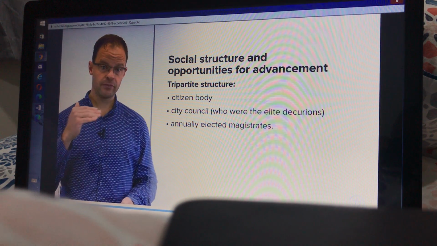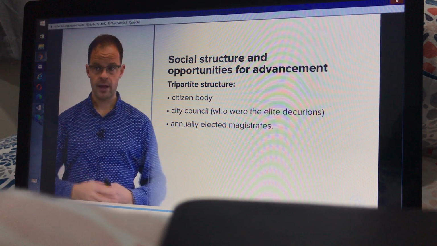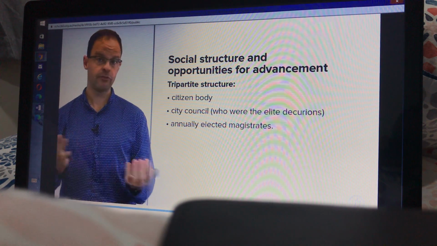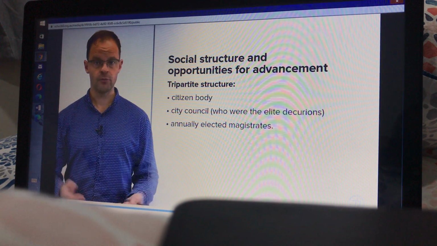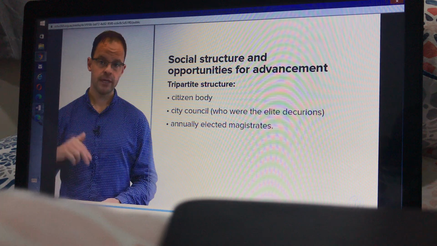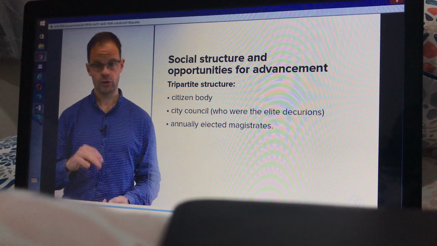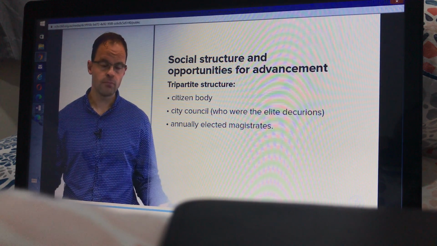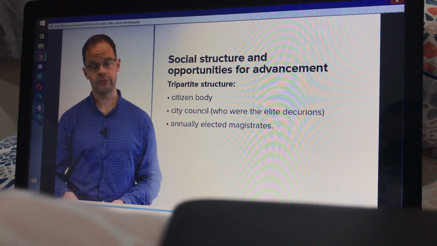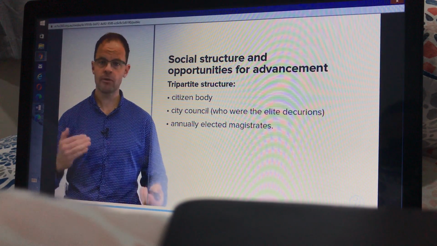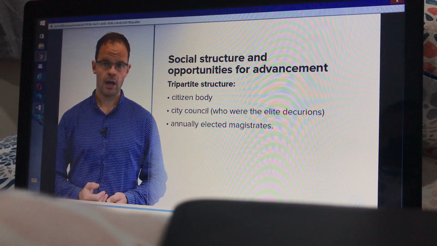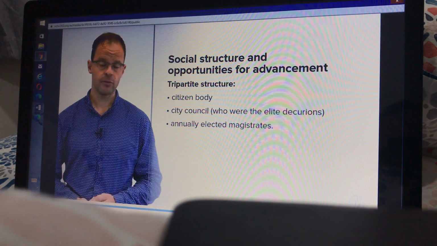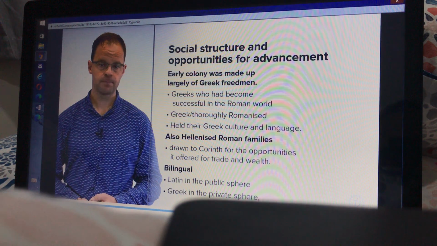Above that you have the city council, which is the elected elites, and they're always the elites of the city that get those positions. And then every year out of those you elect what are called duoviri, which are essentially like consuls in Rome. They're the two rulers of the city for that particular year. So very much a Roman structure, like we would find in Rome and anywhere else throughout the Roman Empire.